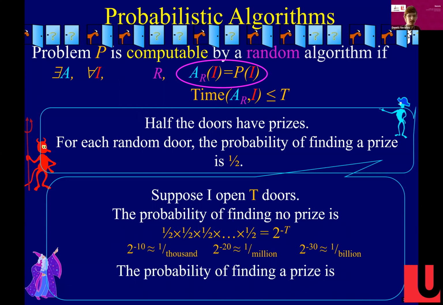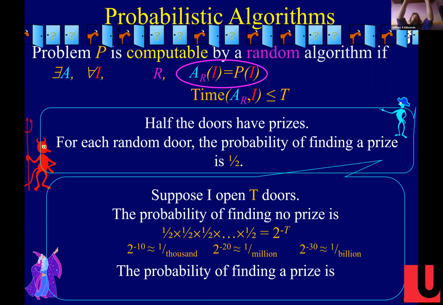Sorry, quick question. Since you have that formula, 2 to the minus T, does that mean that the probability of opening all doors with prizes is the same as opening no doors with prizes for the same amount of coin flips? Yeah, exactly. So it works both ways.